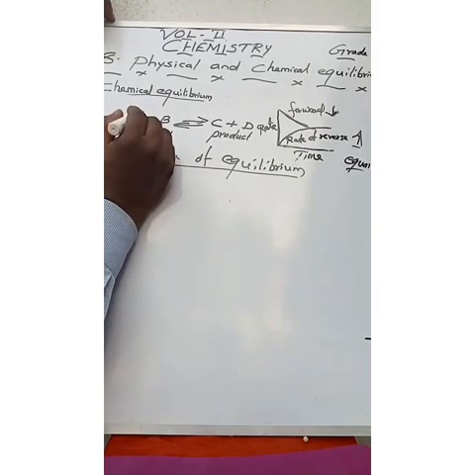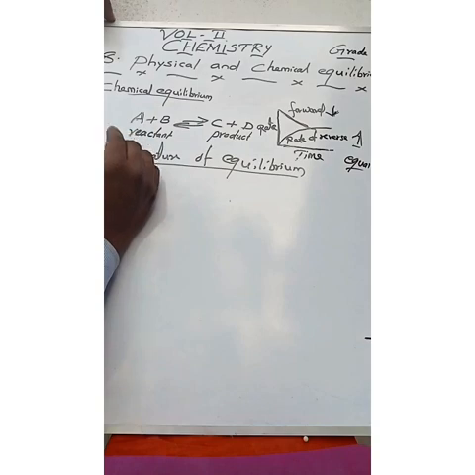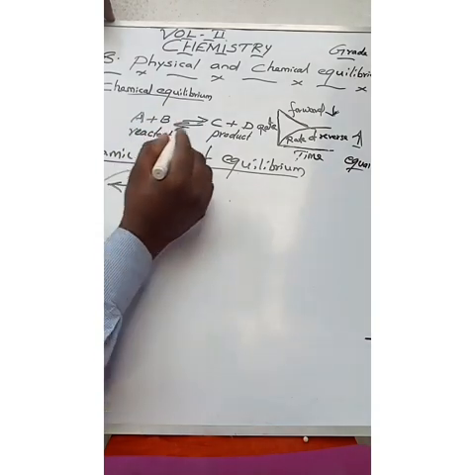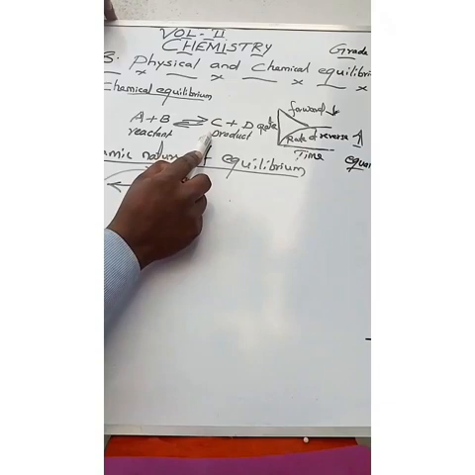It consists of the forward reaction, where the reactants react to form product. For example, in the previous equation A plus B gives C plus D, A and B are the reactants and C and D are the products. The reactants react to give product.